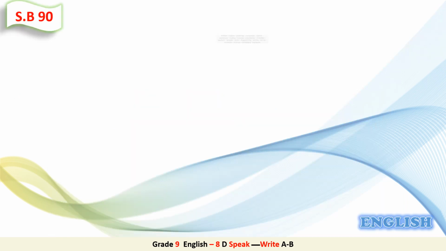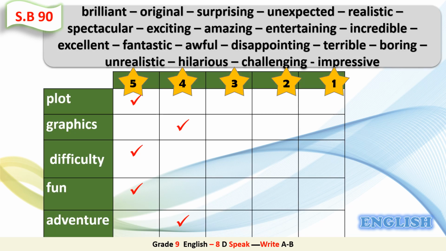Now let's have a look at this box, which shows someone's opinion of a game he has recently played. As for plot, he thinks the plot is brilliant or excellent. As for graphics, he thinks the graphics are spectacular, fantastic.